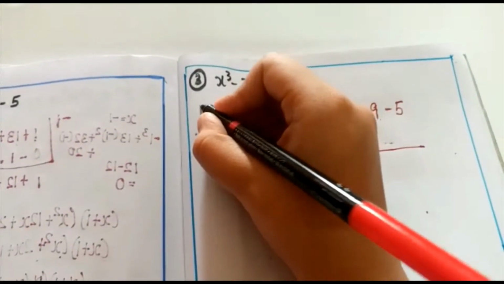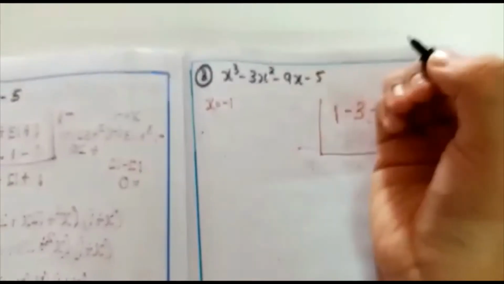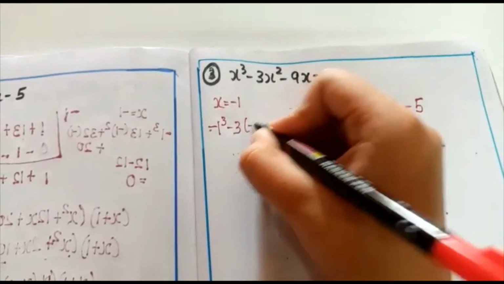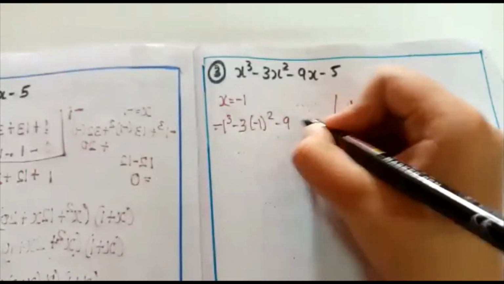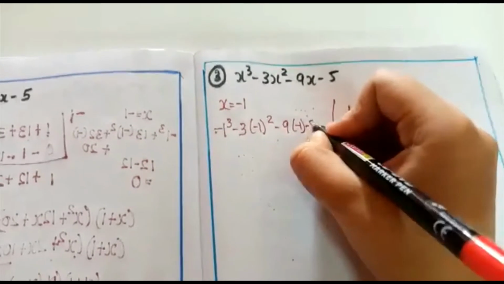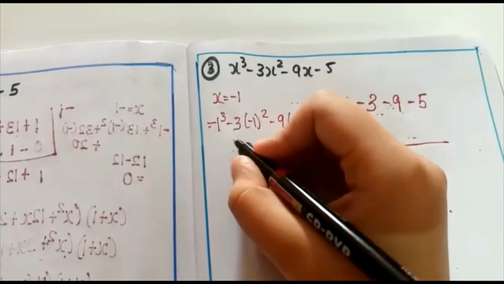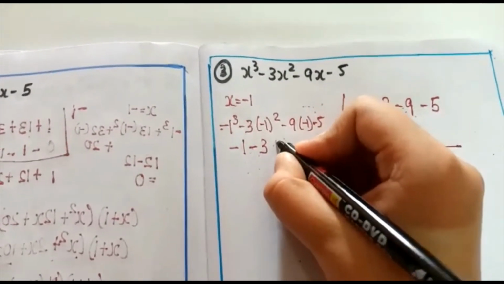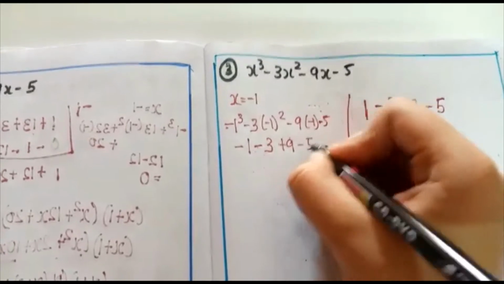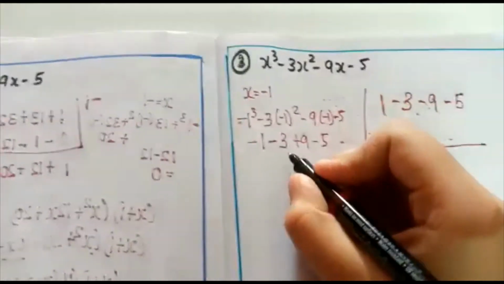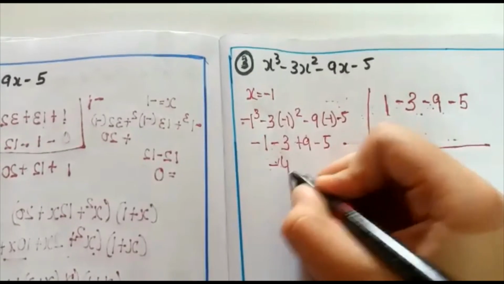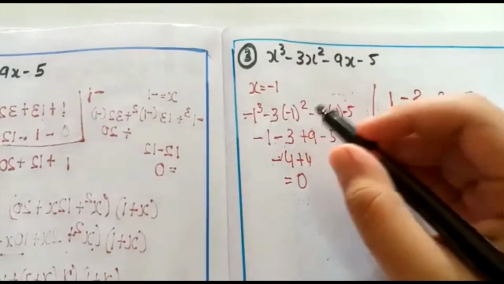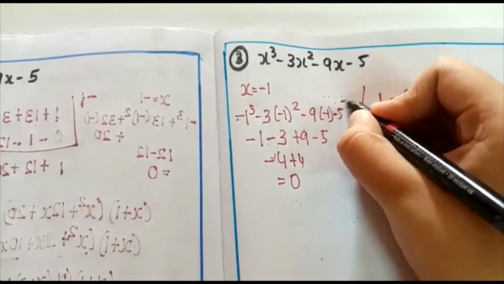So when we take x is equal to minus 1, we write the equation as minus 1 cube minus 3 into minus 1 square minus 9 into minus 1 minus 5, which is minus 1 minus 3 plus 9 minus 5, minus into minus plus. So this, just group it, minus 4 plus 4, 0.